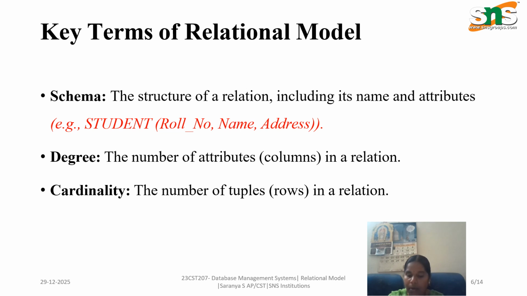For example, a publisher publishes books. Here the publisher is an entity and book is an entity. And the ternary relationship exists between three entities in the process.